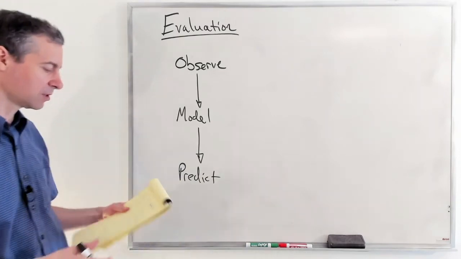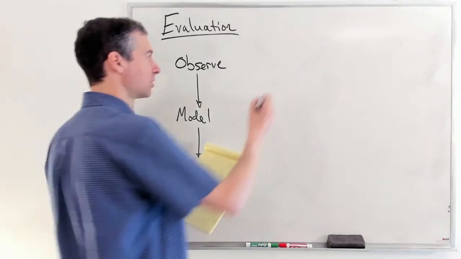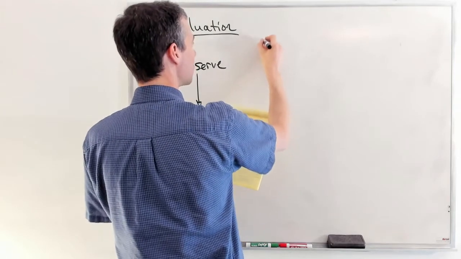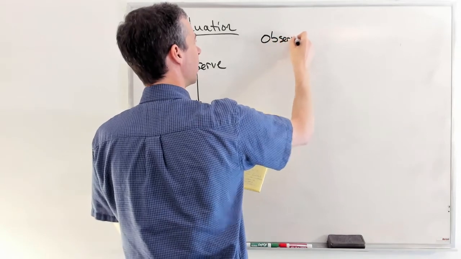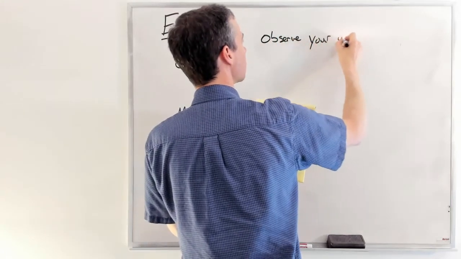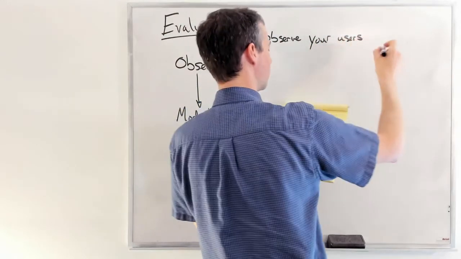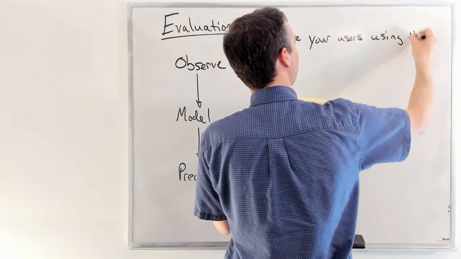All right, let's look at this in a little more depth, what we actually mean by this. Observe is all about, for a search engine, observing your users. You need to get out there somehow and see what they're doing.